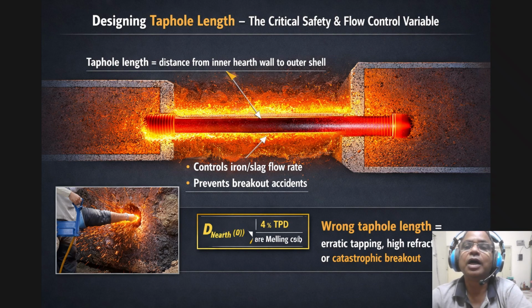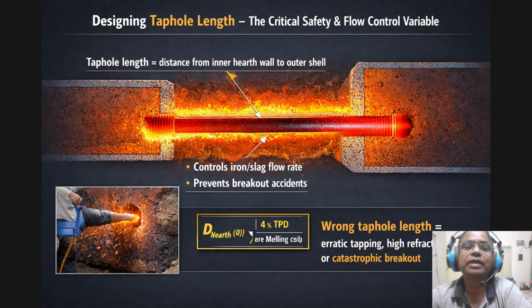From these, we calculate the tapping rate in tons per minute. The formula is tapping rate in tons per minute equals TPD divided by total tapping minutes per day. So total tapping minutes is equal to the number of casts per day times the tapping time per cast.